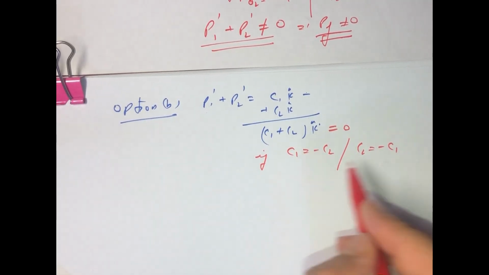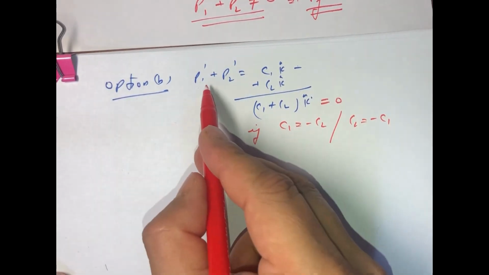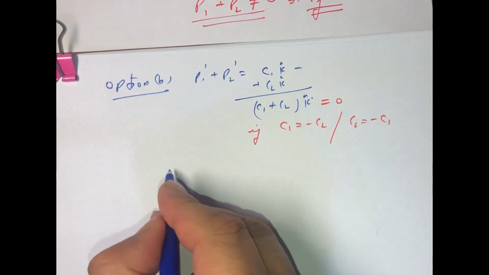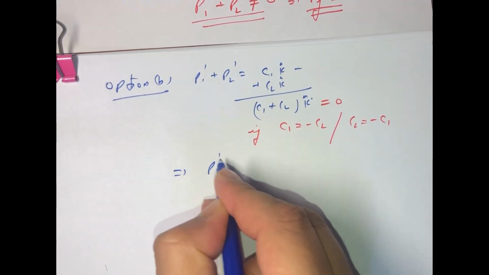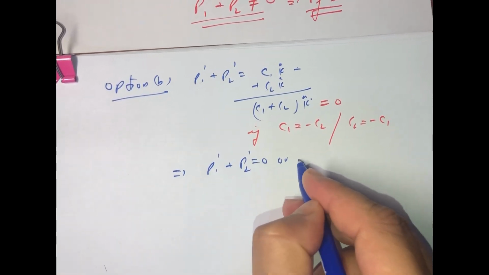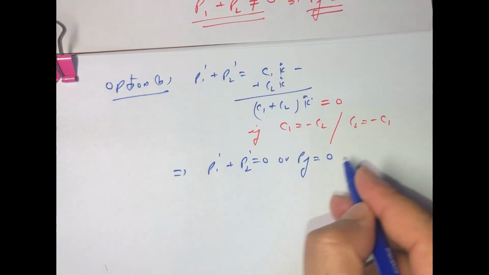Okay, so this is true, because if p1 prime plus p2 prime is equal to 0, then the final momentum is equal to 0, and which is true.